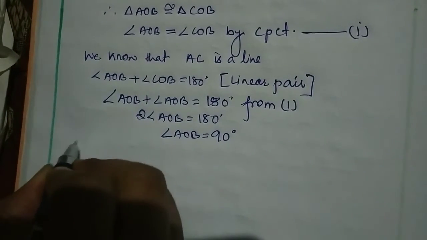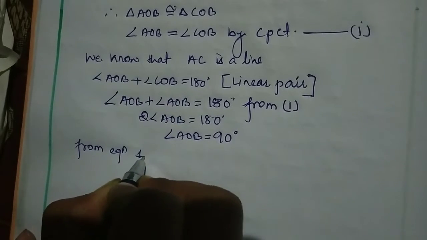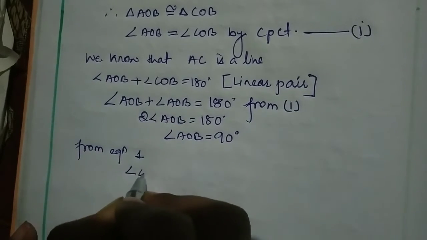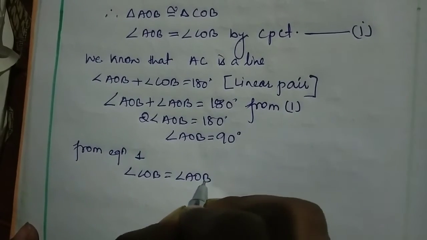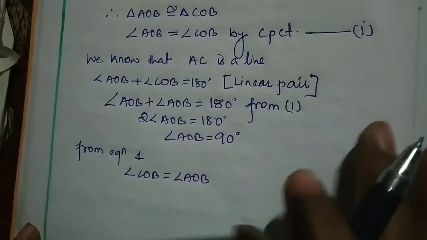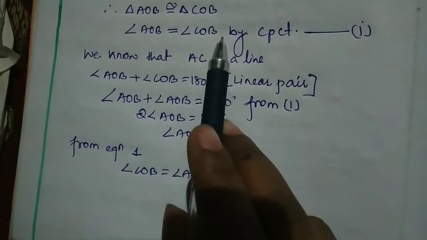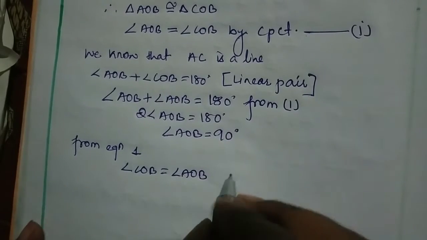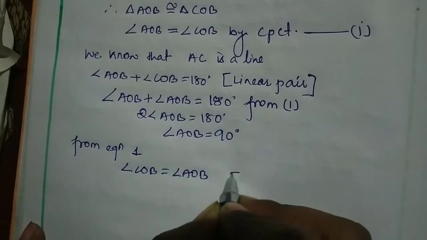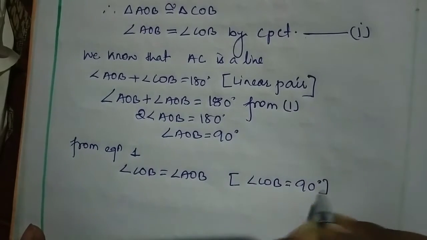From equation 1, angle COB equals angle AOB, so we get angle COB is equal to 90 degrees.